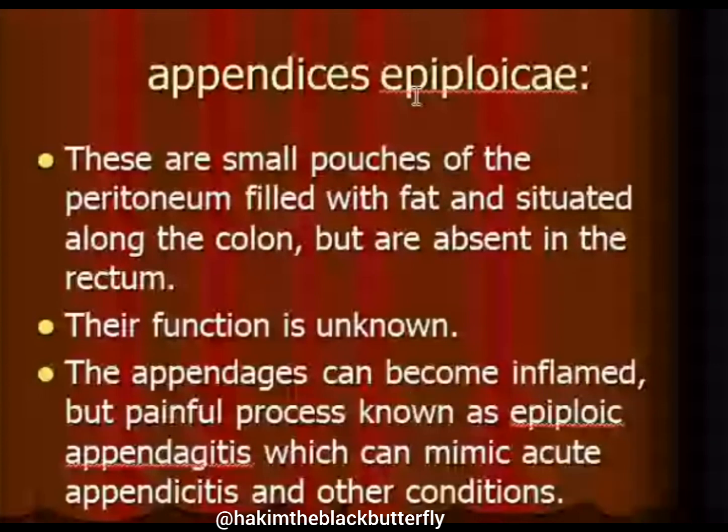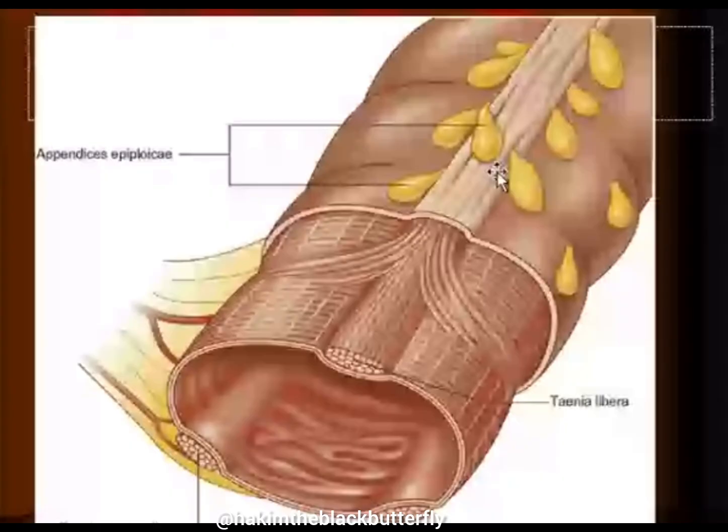Appendices epiploicae. These are the fatty tags surrounded by peritoneum. They say that their function is unknown, but they are sacs containing fat, and they are mainly attached to the taeniae coli. These are the fatty tags.